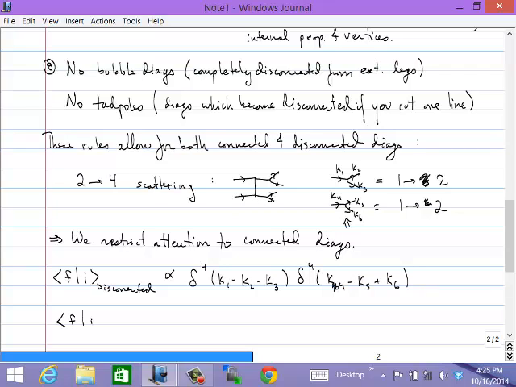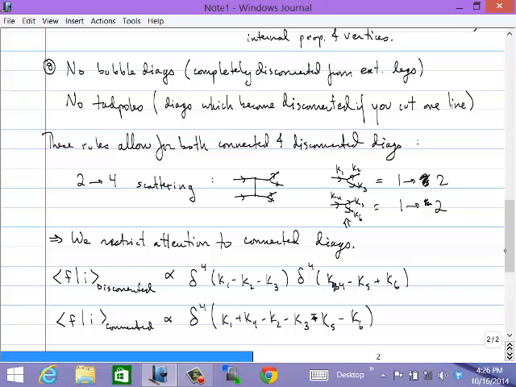Whereas the contribution from the connected diagram will always go like a delta function of K1 plus K4 minus K2 plus K3 plus K5 plus K6. Okay. So you can see that if you just enforce momentum conservation, then the first of those has two delta functions, whereas the second only has one.